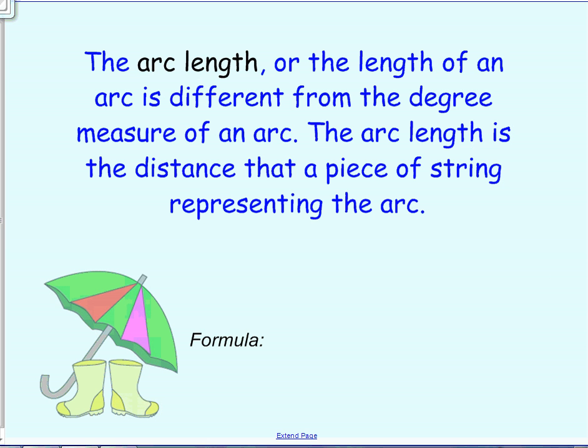All right, so the next thing we have is arc length. Arc length, or the length of an arc, is different from the degree measure of an arc. The arc length is the distance of a piece of string representing the arc. So for example, say we have a circle here, and let's say we have an arc.